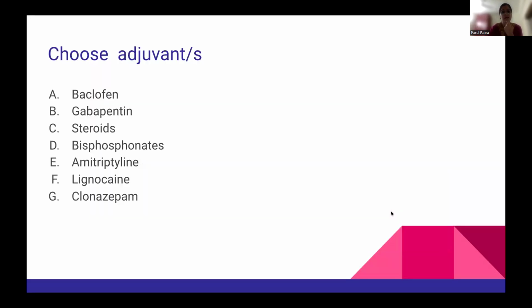Again, I will give you options, and you have to choose the adjuvants. Can you just mention with A, B, C, D what all are the adjuvants in this slide? I know it will be very easy for you now.